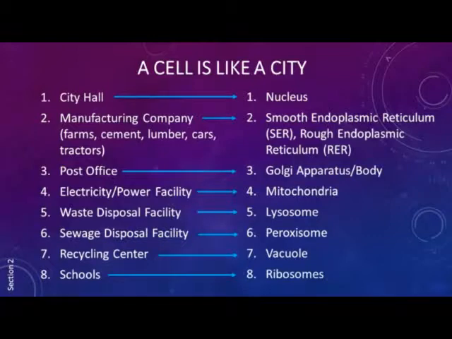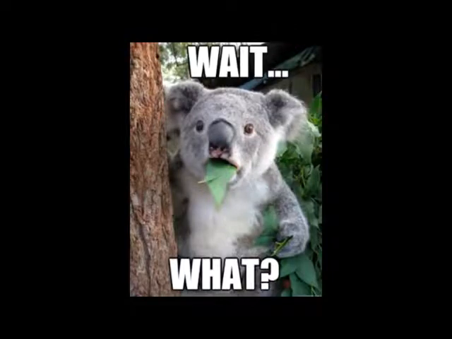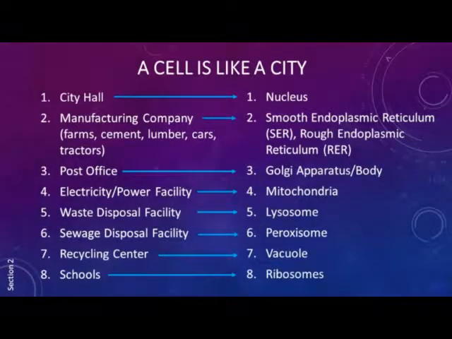As it turns out, the inside of a cell contains distinct structures called organelles. These organelles each serve a function that is very similar to the various facilities that maintain the function of a city. For example, in the cell, City Hall is the nucleus. Manufacturing companies that produce raw materials are like the smooth endoplasmic reticulum and the rough endoplasmic reticulum inside the cell.